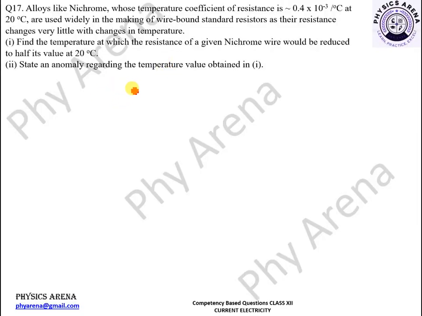Given that the reference temperature is T naught equal to 20 degrees Celsius, we need to find a temperature T at which the resistance will be half of its value at T naught. So the resistance at temperature T should be equal to R naught by 2, where R naught is the resistance at reference temperature T naught.